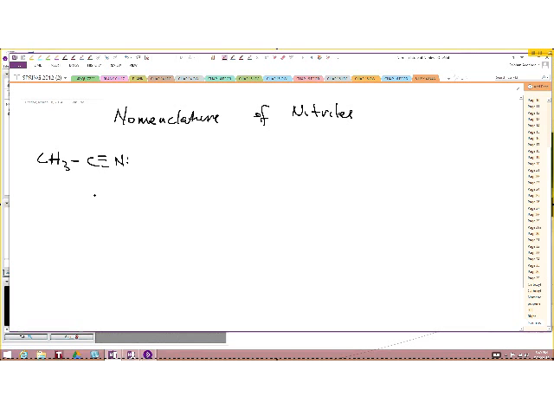In this case, the corresponding alkane will be ethane, because you have 2 carbons here. So you simply give the name of the corresponding alkane, ethane, and then you add the word nitrile. One word: ethane nitrile.